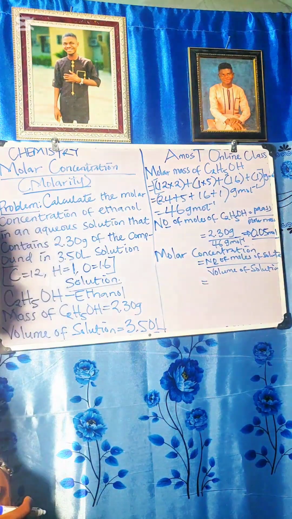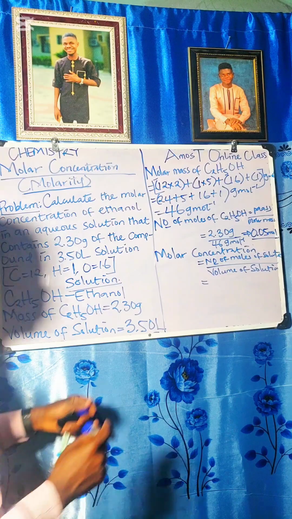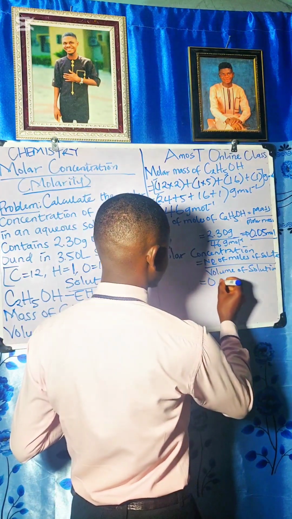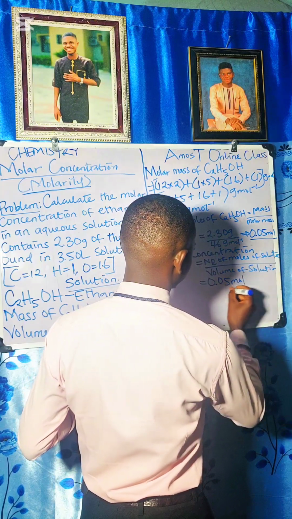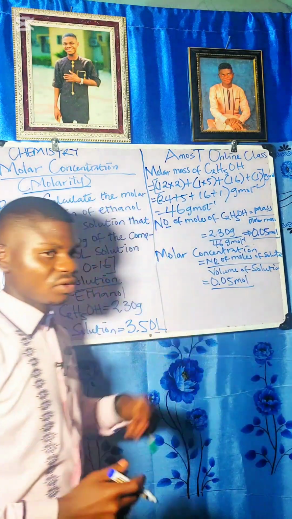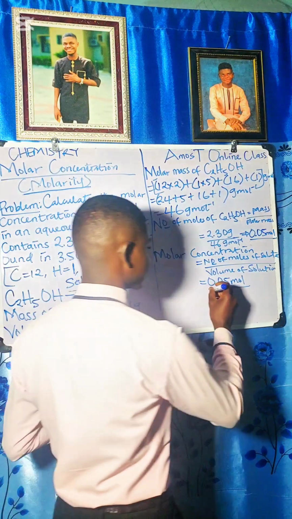Now the number of moles of solute is 0.05 mole, and the volume of solution is 3.50 liters.